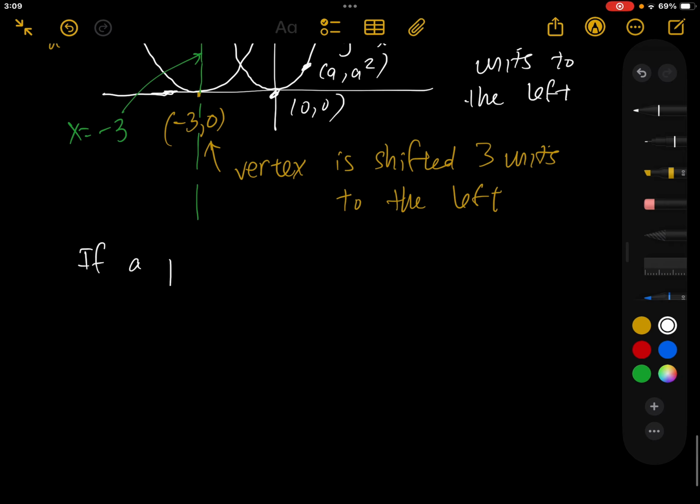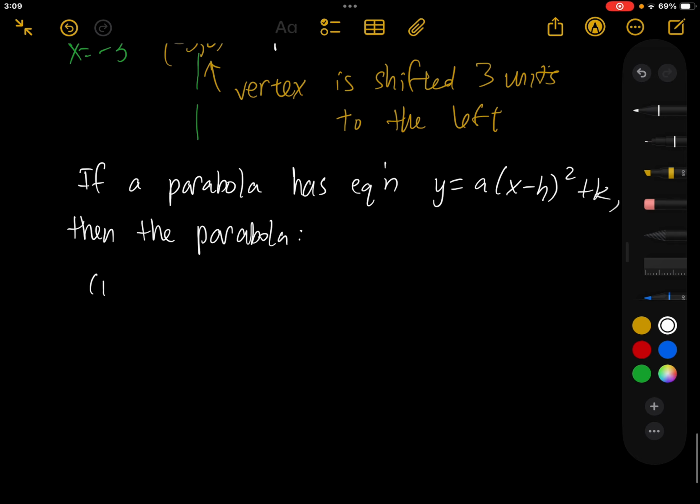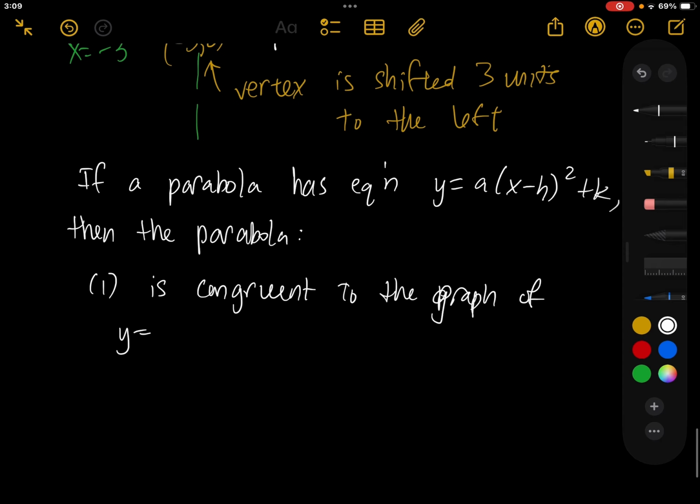If a parabola has equation y equals a times (x minus h) squared plus k, then the parabola, well, first of all, it's congruent to the graph of y equals ax squared, because what you're doing is just shifting.